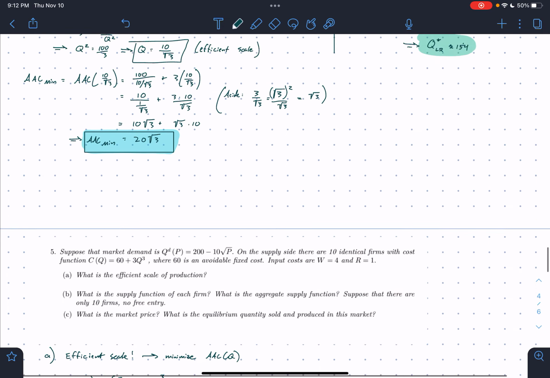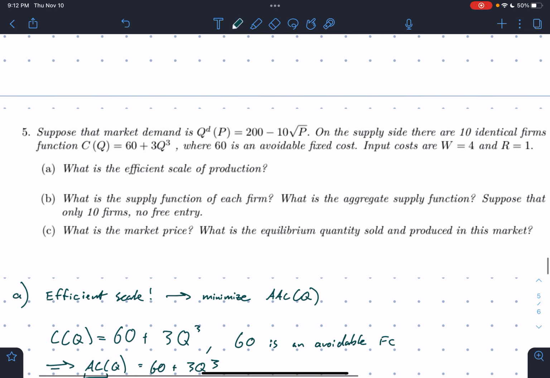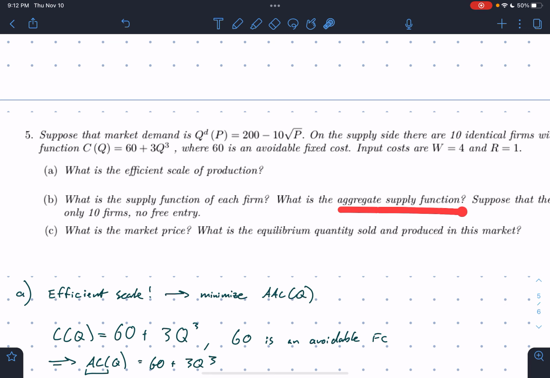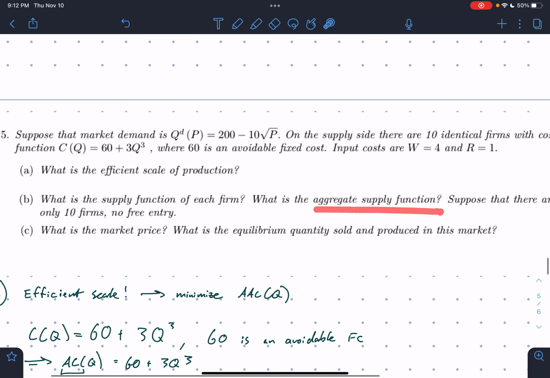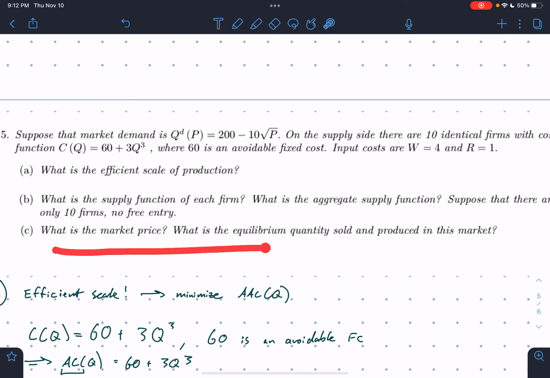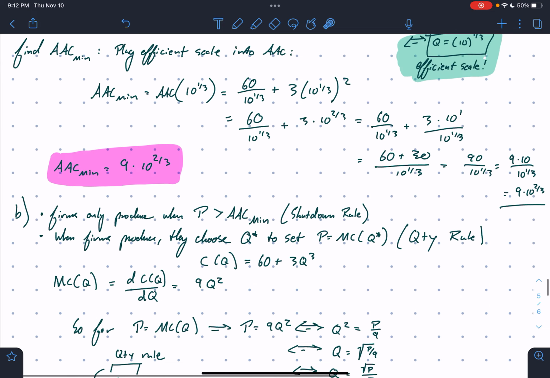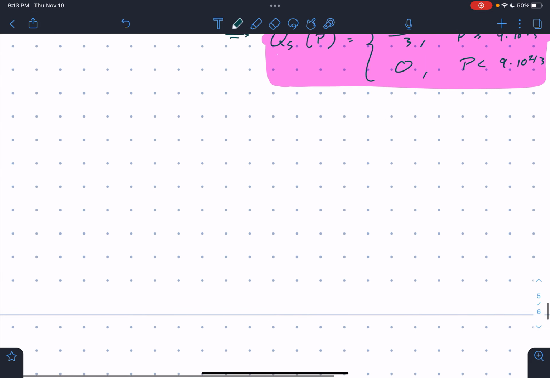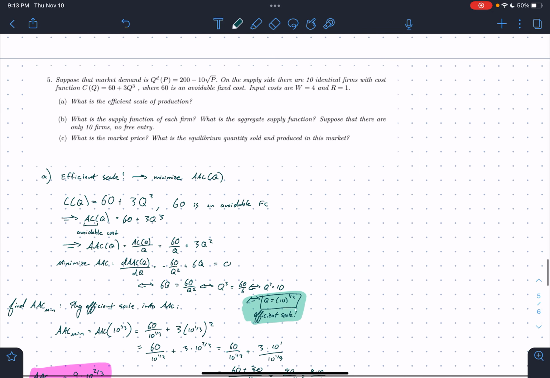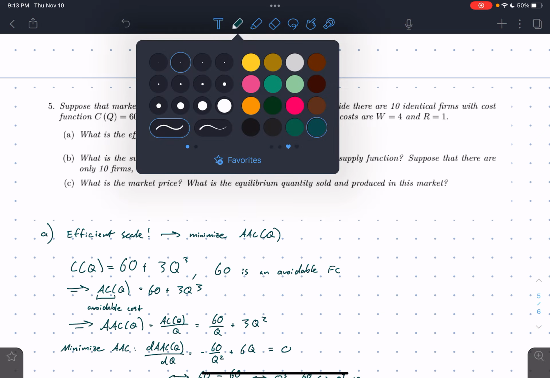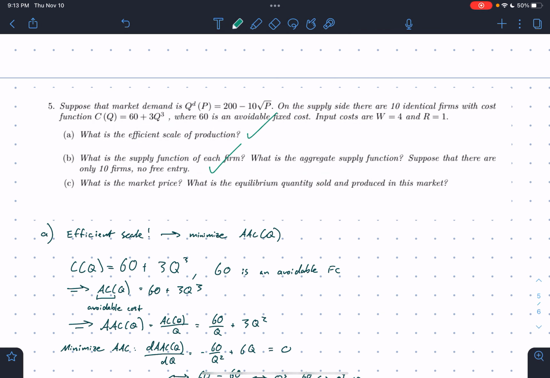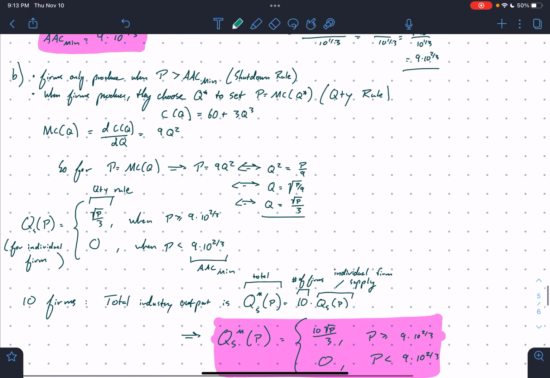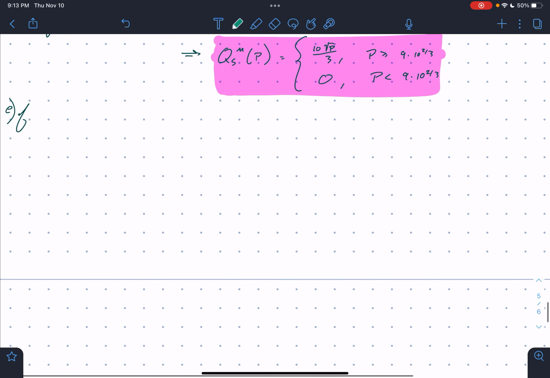So where are we at? Again, this is aggregate supply when there are only 10 firms and no free entry. Now we just need to find the market price and the equilibrium quantity sold and produced. Oh, I didn't do our check mark. Need to do our check marks. Found this. All right. So we want the market price and the equilibrium quantity.